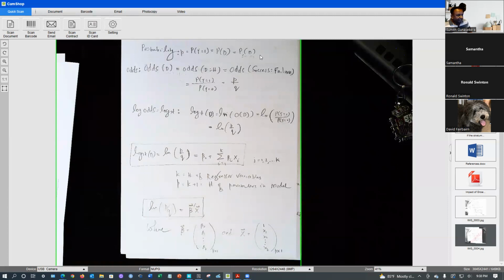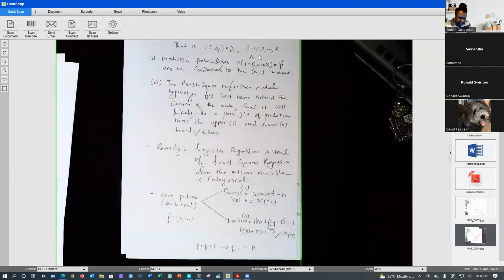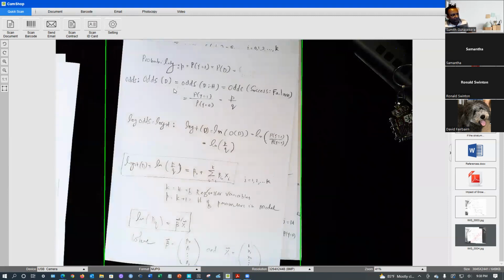I think we don't need that part. This one, I'll show you. Then we got the odds, odds of diseased to not diseased. Then we got the logit. Logit means the log odds.